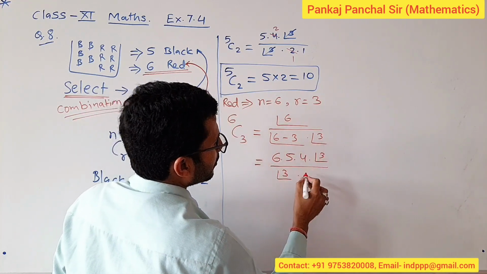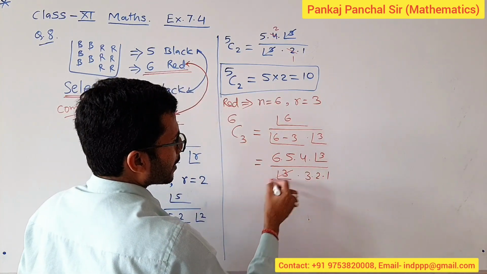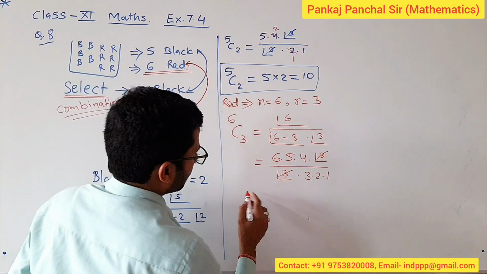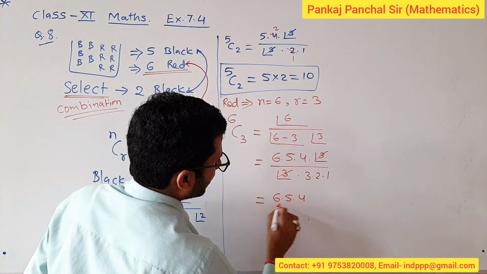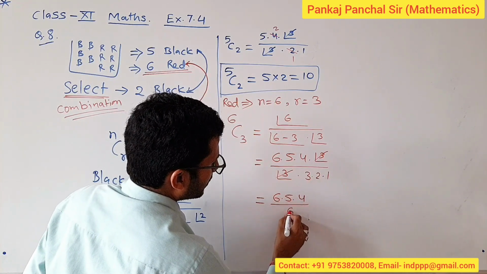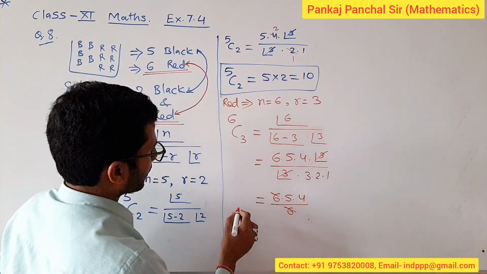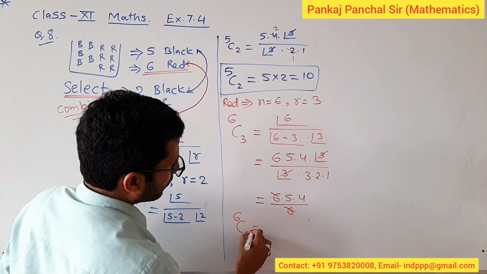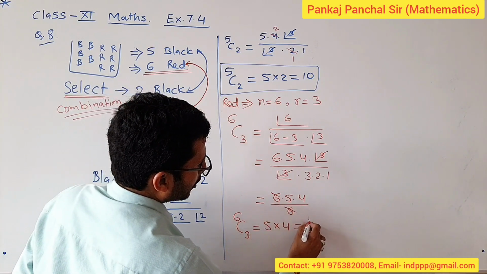This factorial 3 we can expand as 3 into 2 into 1. Now look, factorial 3 and factorial 3 will cancel out, and 3 into 2 is 6, so the 6s cancel out. So 5 into 4 will be the answer. So 6C3 will be 5 into 4, which is 20.